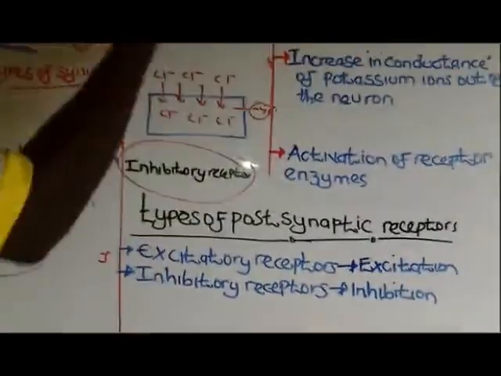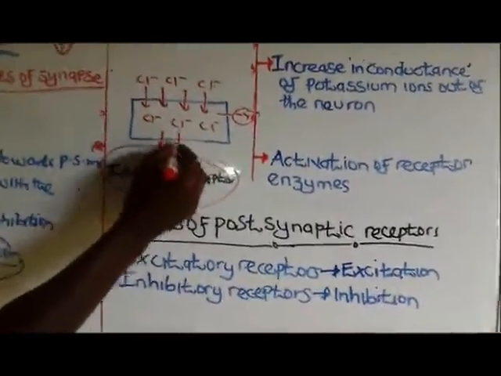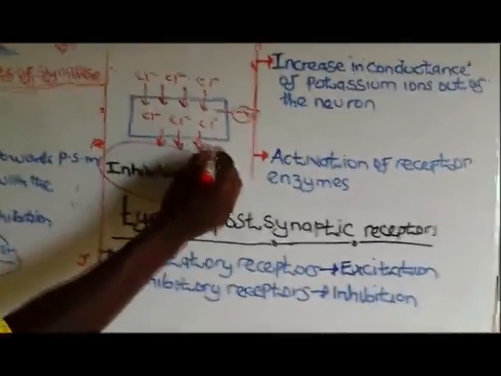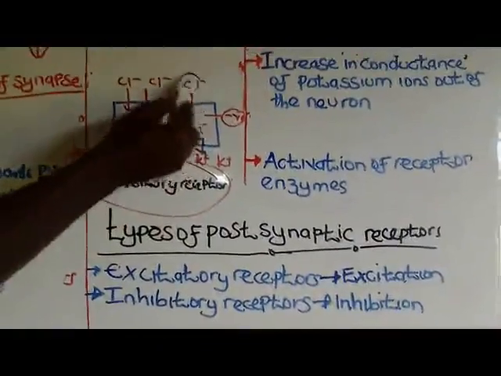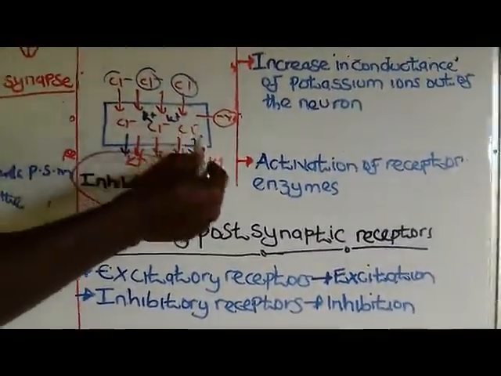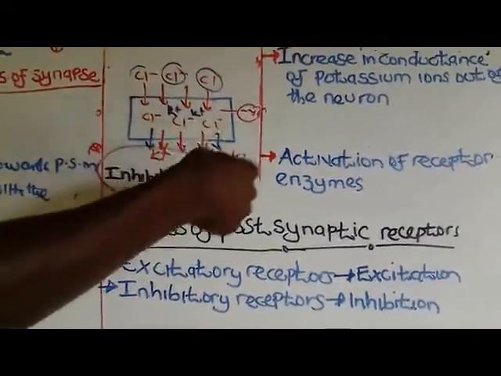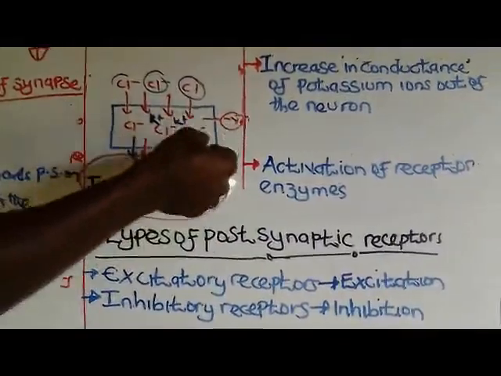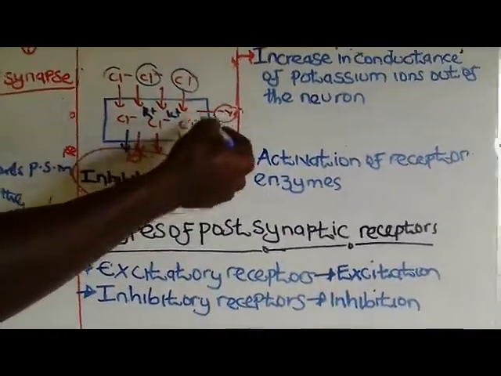On the other side, we said no potassiums were moving out, but here we are going to see more potassiums moving out. More chloride ions influx in, and inside becomes more negative. At the same time, more potassium ions move outside to reduce the positive inside. Then it implies that you are increasing the negative charge inside.